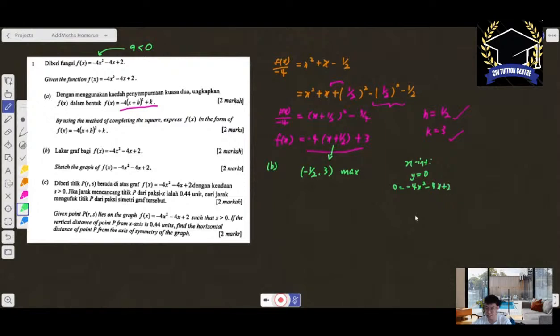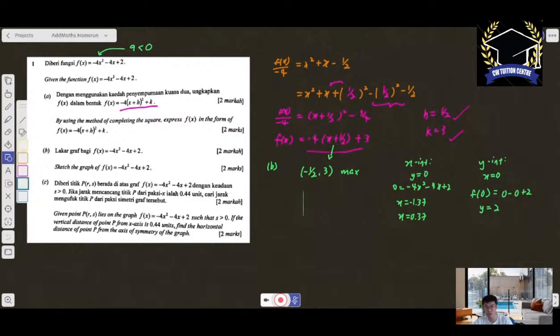I press the calculator. Let's see if I can get any answer or not. So -4, -4, 2. I get x is -1.37 and then x is 0.37. Then the y-intercept, x equals 0. f(0) is equal to 0 minus 0 plus 2. So y is equal to 2.